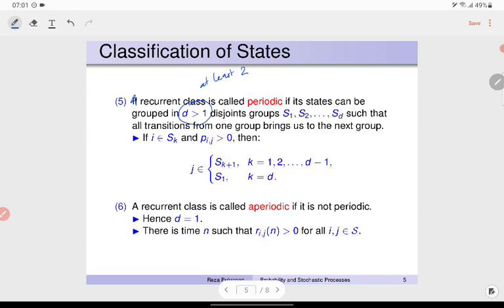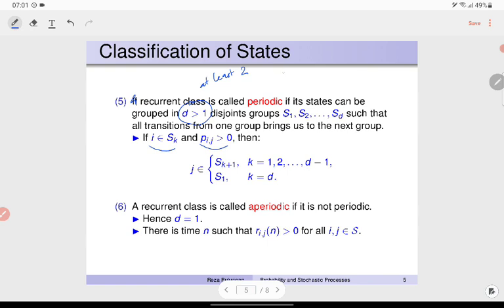If I is an element of Sk and Pij is larger than 0, so it happens with positive probability, then, pay attention to this one, J must be an element of Sk+1 if k is equal to 1, 2, and so forth until D-1, or S1.